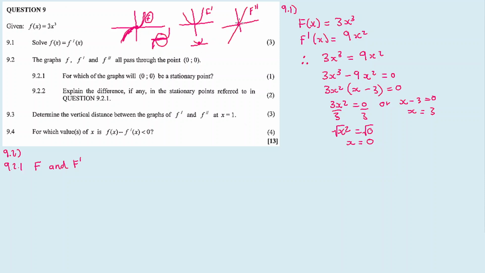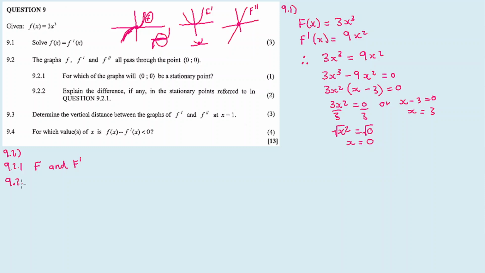And then for f double prime, I cannot say it's a stationary point, because it's just a straight line going up, meaning at this point the function is increasing. So a stationary point is the part of the graph where its derivative is equal to 0. The gradient is equal to 0 in other words. So f and f prime both have stationary points at (0;0).